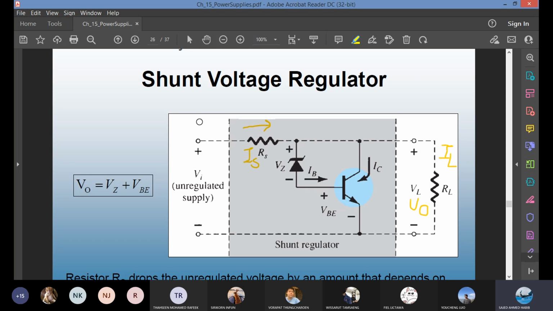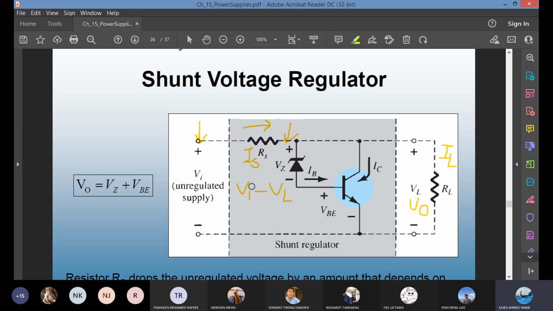What is the voltage at this point? It is VI. And on the right hand side of the resistor, what is the voltage? This is VL actually, parallel voltage. You can say IS equals VI minus VL over the resistor value.